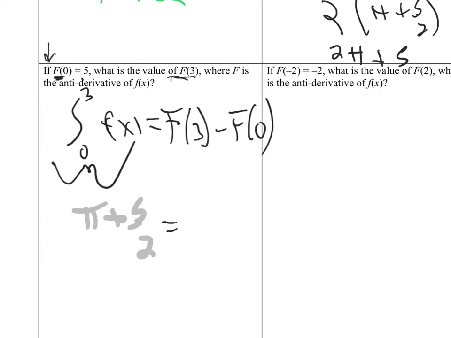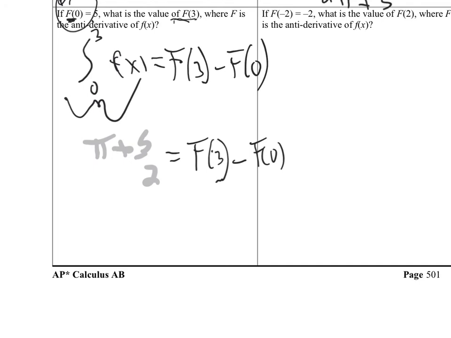And it's equal to f of 3, which is what I'm looking for, minus f of 0. Well, f of 0 doesn't mean a whole lot. I can't go to the picture and find f of 0. It was a starting place at 0. I had no idea what f of 0 was. But he gave it to me here. So pi plus 5 halves.